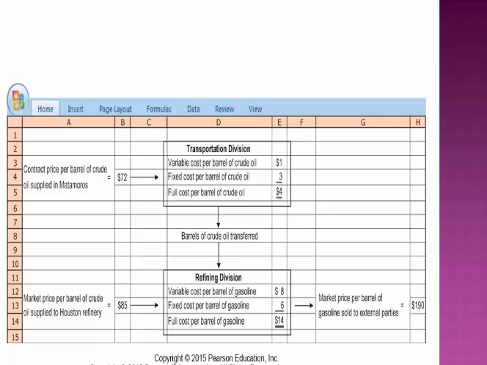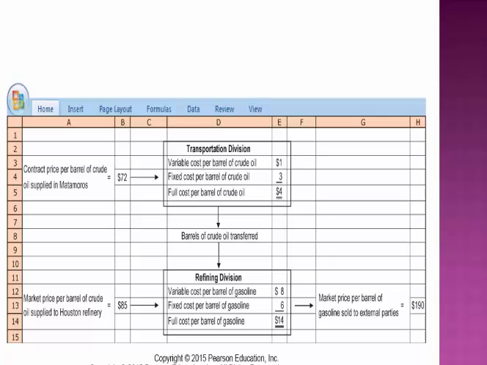Once the refining division has purchased the crude oil, they can process it further into gasoline. It takes 2 barrels of crude to produce 1 barrel of gasoline.